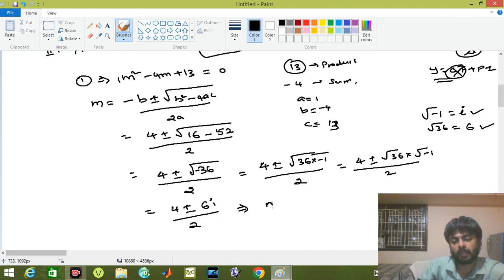This implies m equal to, I can take 2 commonly outside, so I will have 2 plus or minus 3i. So I can write it in the structure of alpha and beta. Okay, so m is the root of this equation number 2, that is the auxiliary equation.